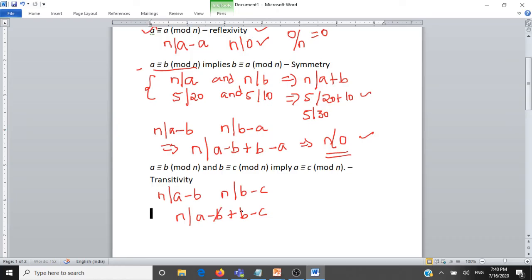This will cancel out, and we are left with n divides A minus C. When you have n dividing A minus C, what does that mean? A is congruent to C mod n. So that's what we had to prove. We have proved this. This is the property of transitivity.